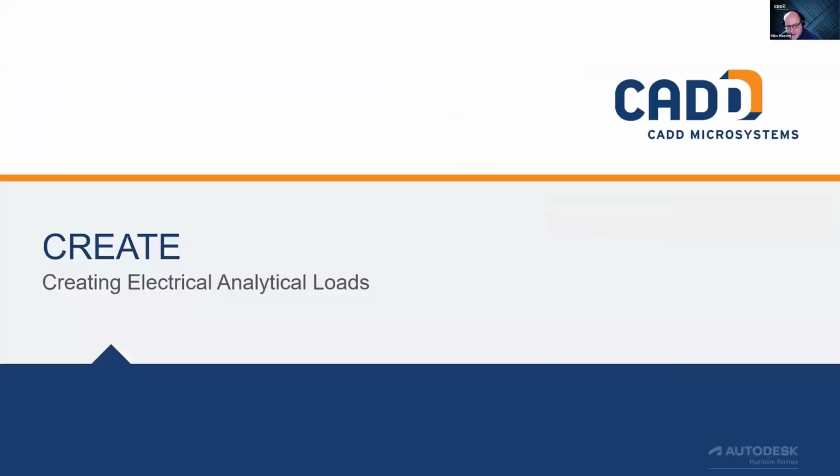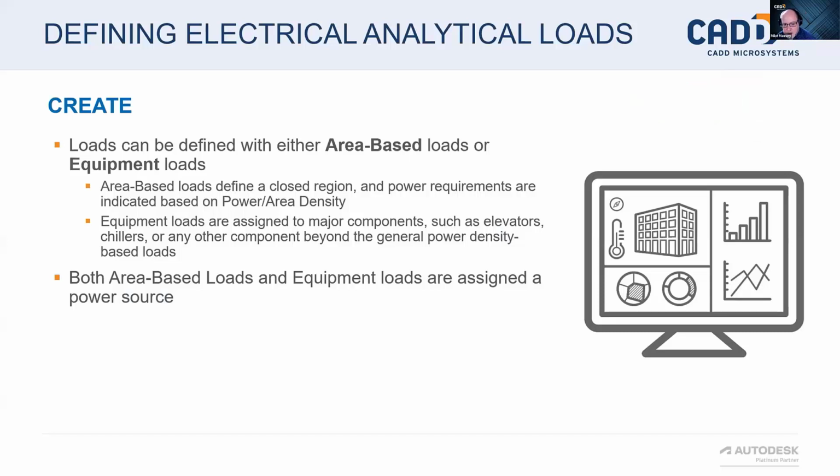The next step is to go ahead and create your analytical loads. And again, there's 2 ways we can do this. We can either use an area-based load or the equipment loads. For the area-based loads, we'll be using the plan as the guts of defining those areas. And once we have those areas defined, we'll create the area-based loads from that.